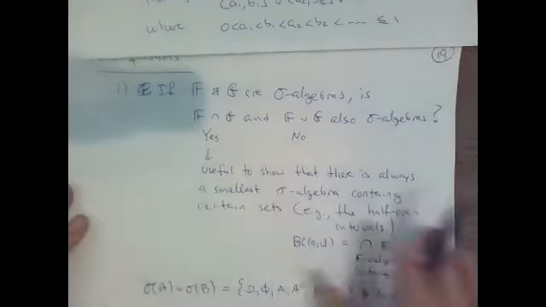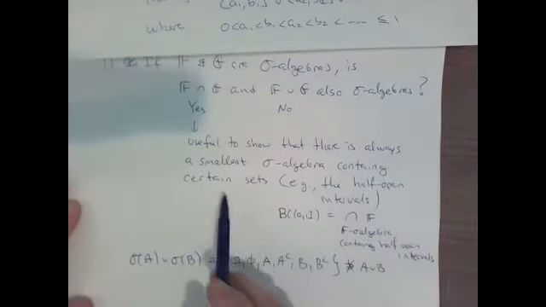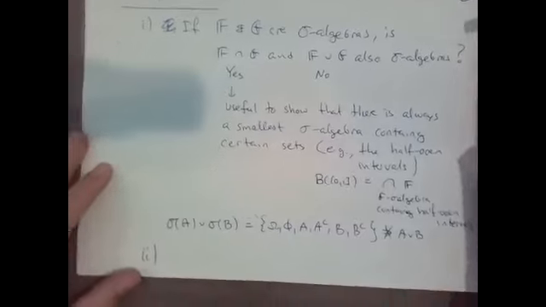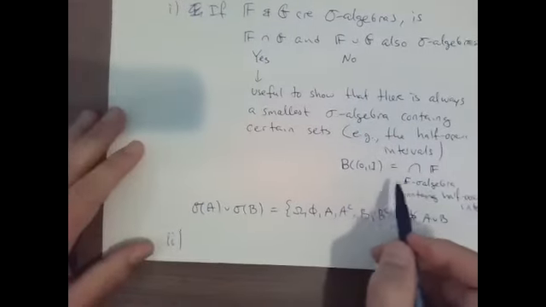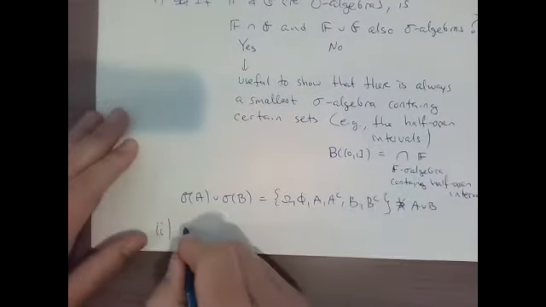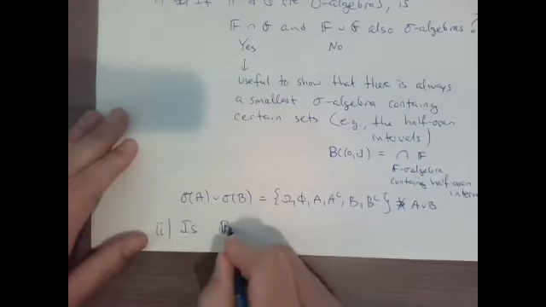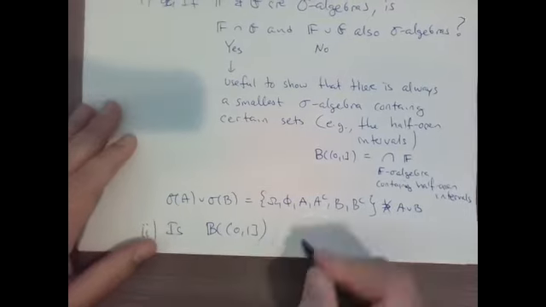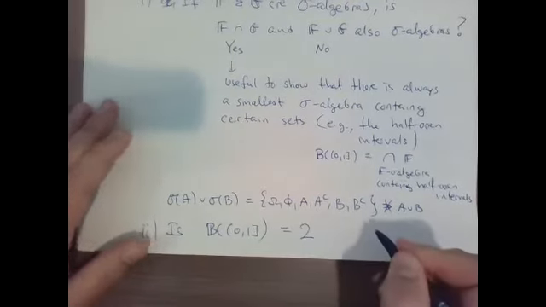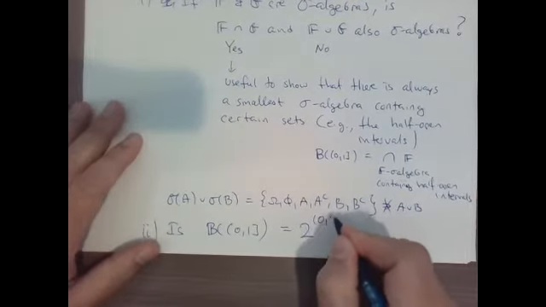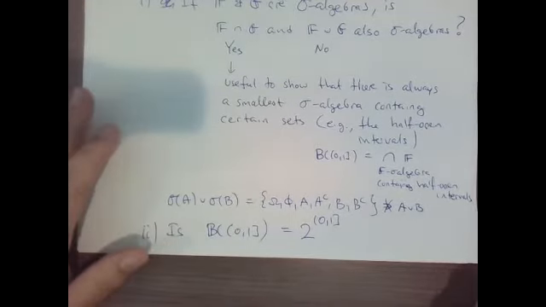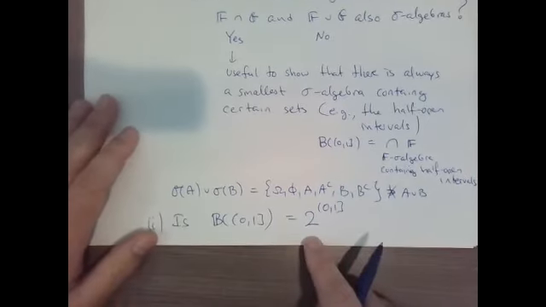So that was just a little bit about sigma algebras, and how we go about constructing them. A natural question that comes up about this Borel sigma algebra: is the Borel sigma algebra on this interval the same as the set of all subsets of this interval? I mean, this one here is clearly bigger.